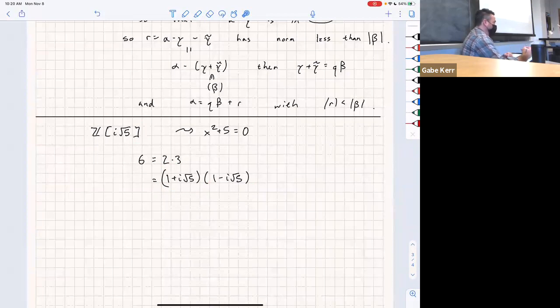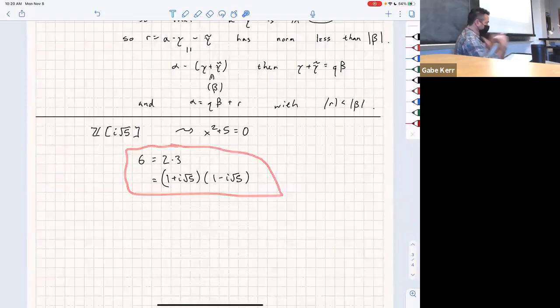I want to say they're prime elements, but if I say they're prime elements, then all of a sudden I see a number in this ring that does not obey the fundamental theorem of arithmetic. Namely, I've got 2 different ways of writing the factorization of this number into irreducibles. And so this is actually a ring where we start seeing the difference between irreducibles and primes.